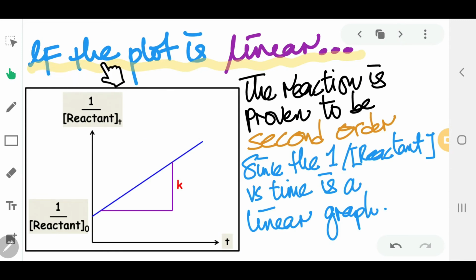So if the plot is linear, like what you are looking at right now, when you plot the 1 over concentration of reactant versus time, if you have a linear graph, the reaction is proven to be second order, since the 1 over concentration versus time is a linear graph.